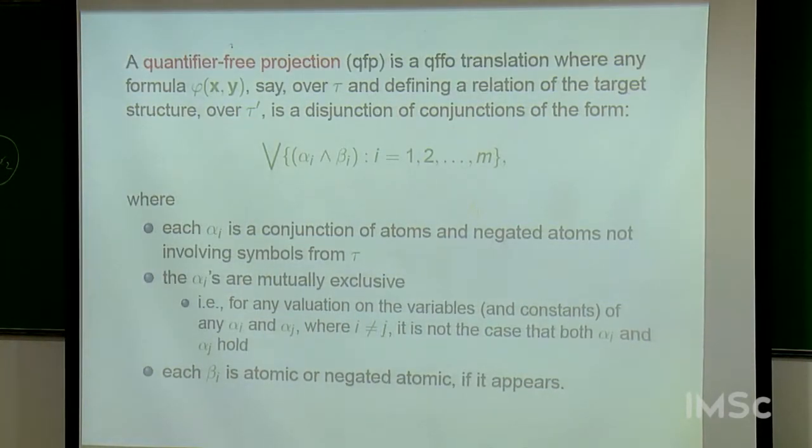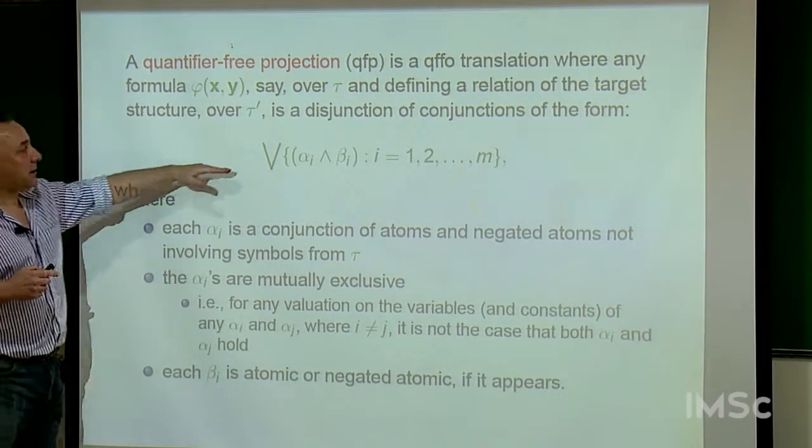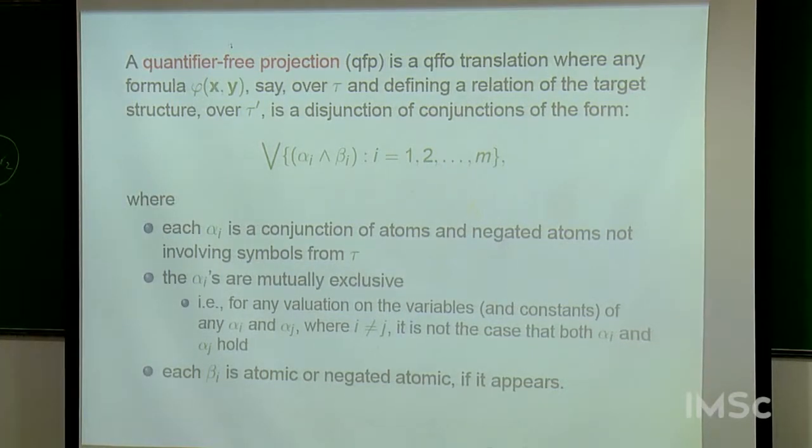And this gives rise to the definition of quantifier-free projections. These are the uniform versions of Valiant's projections devised by Neil Immerman in the early 80s. So a quantifier-free projection is a quantifier-free first-order translation of a very strong syntactic and semantic form.